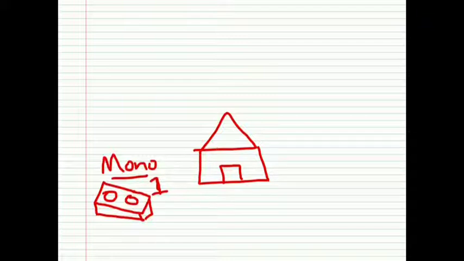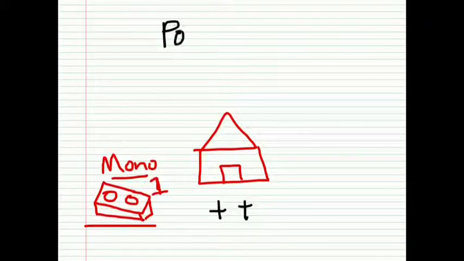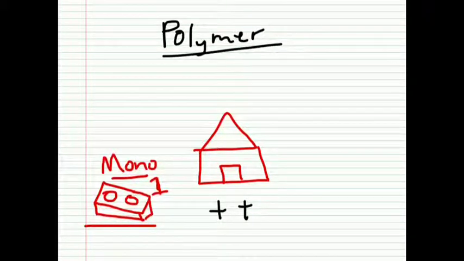So you take each one of these Legos, these building blocks, and you put a whole bunch of them together, stack them together, and that's when you come up with your poly, meaning many, polymer. So when you get a whole long chain of polymers strung together, that's what actually ends up making your macromolecules.